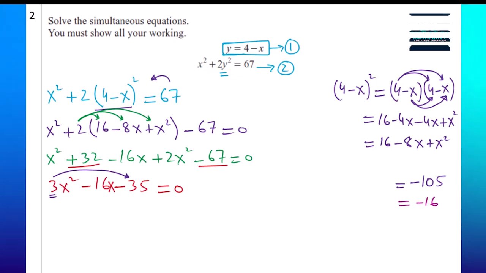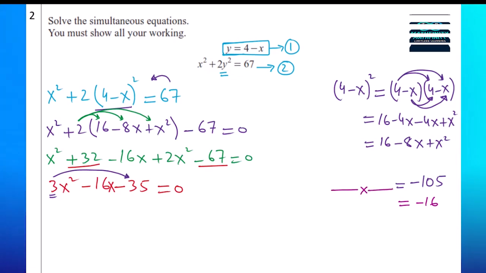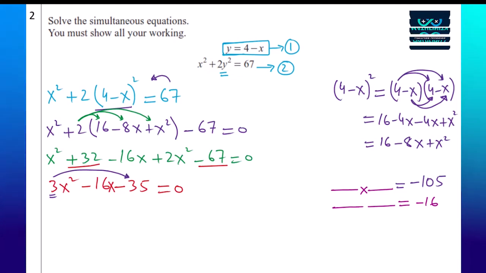Now, if you did not watch the quadratic equation video, you have to concentrate properly and be good in quadratic equations, then you will be able to solve non-linear simultaneous equations. What two numbers, when you multiply them, the result should be negative 105, and when you add or subtract them, the result should be negative 16? Let us try with 5, because 105 is divisible by 5, so 21.